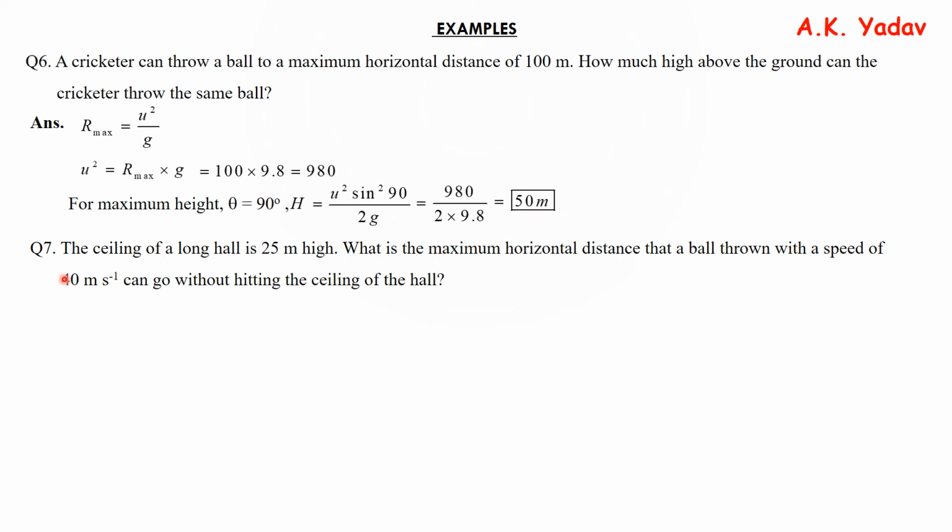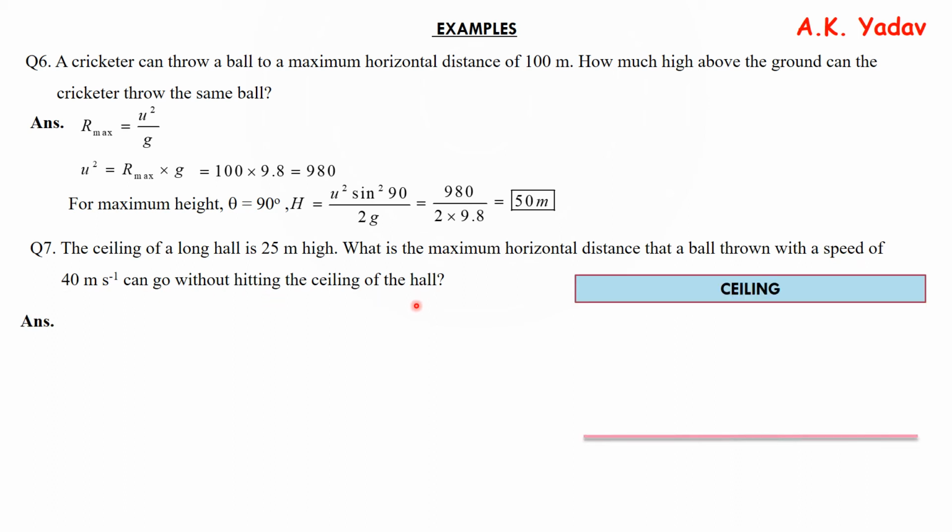Question number 7. The ceiling of a long hall is 25 meters high. What is the maximum horizontal distance that a ball thrown with a speed of 40 meters per second can go without hitting the ceiling of the hall? So, 25-meter high ceiling. This is the object thrown.